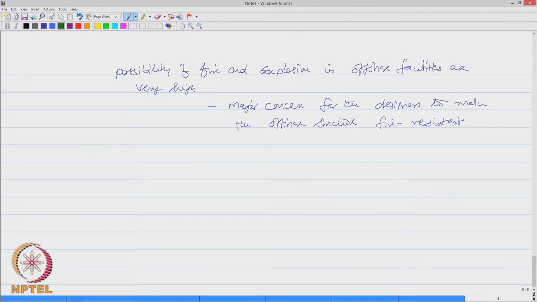Adding to this, if the platform is dealing with liquefied natural gas, then the potential risk due to fire and explosion is further severe.